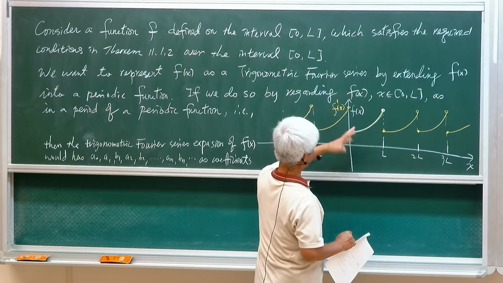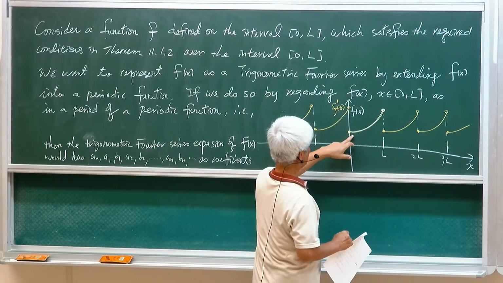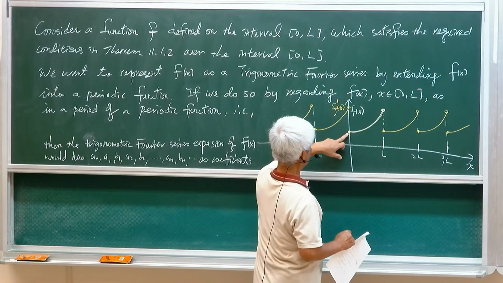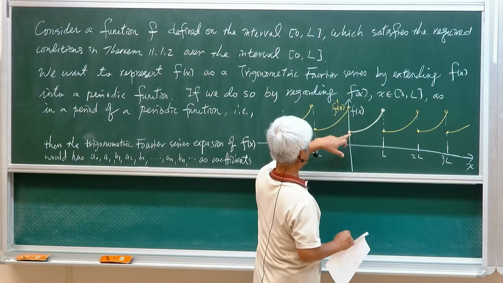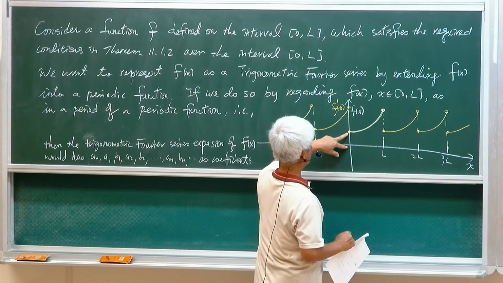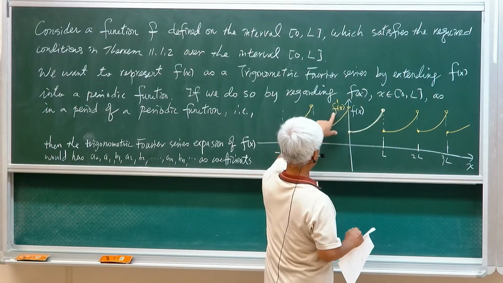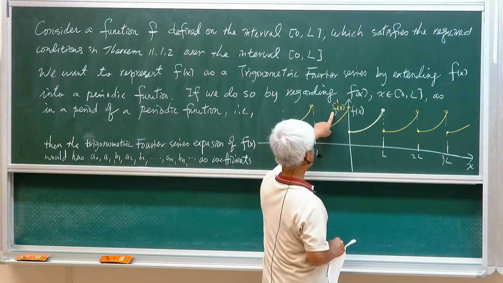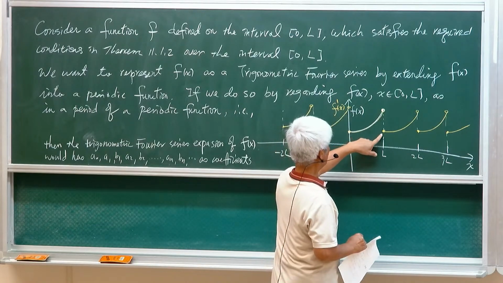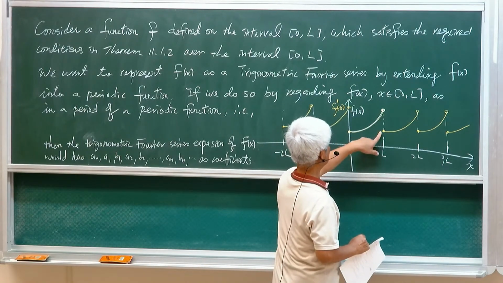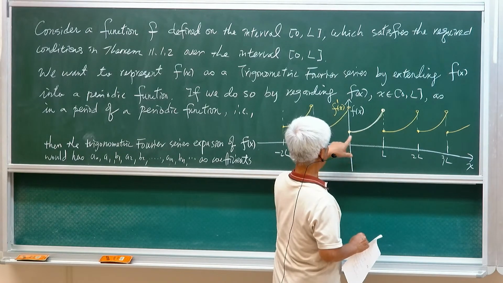For example, we just pick up the value of f at x equal to 0, and so in the definition of this periodic function f prime, at x equal to L the value should equal the value at x equal to 0.